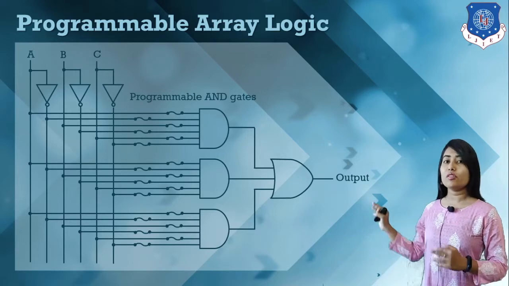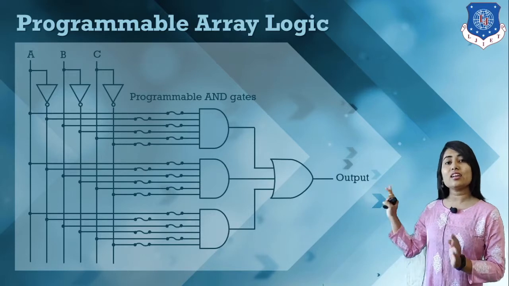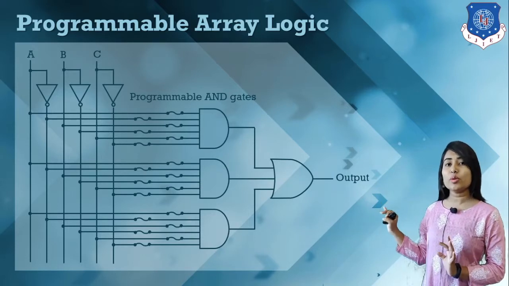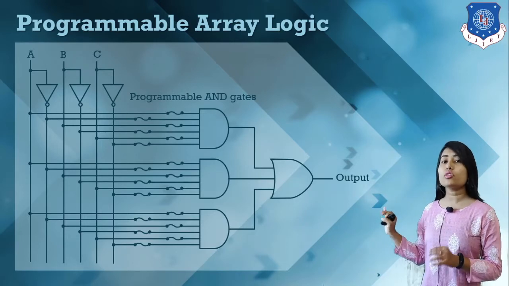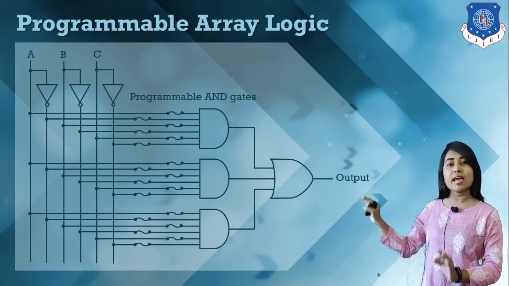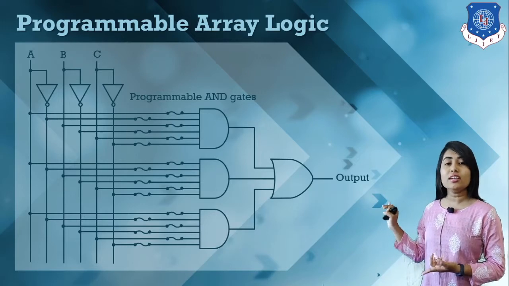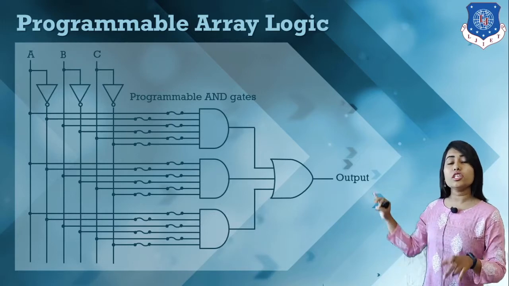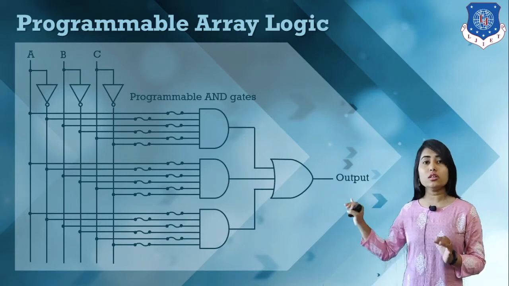So here we have AND gates, and the outputs of all 3 AND gates are connected to this OR gate. Whatever the output of each AND gate is, it is always connected to the OR gate. We cannot alter the connections of this OR gate; we can only alter the connections of the AND gates.